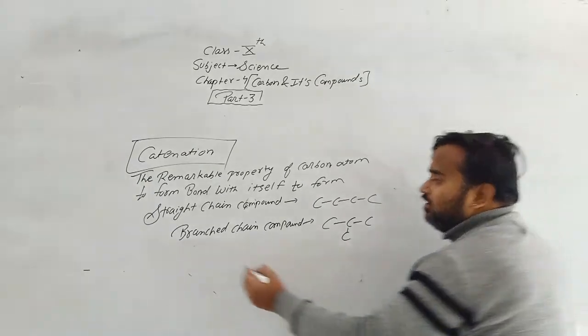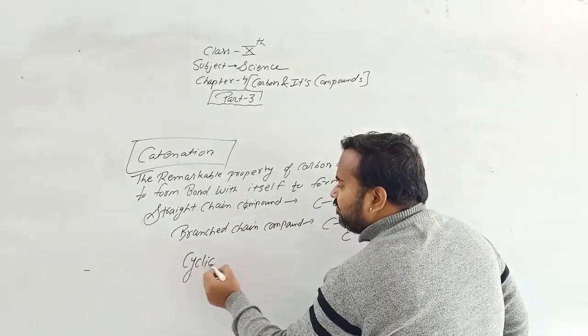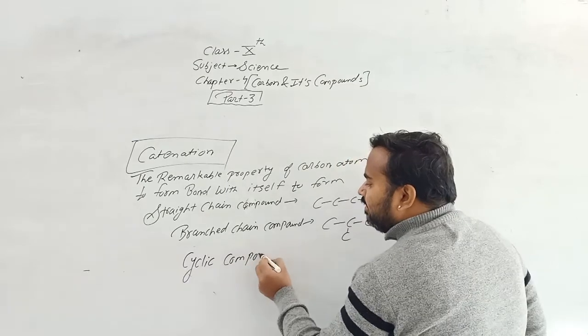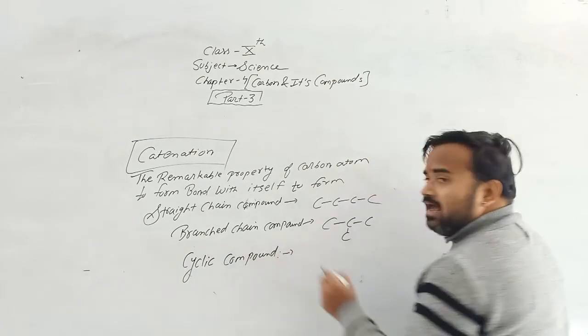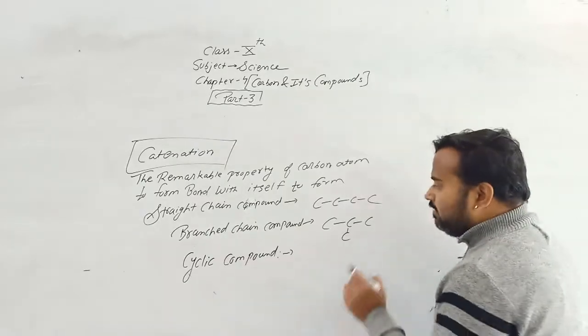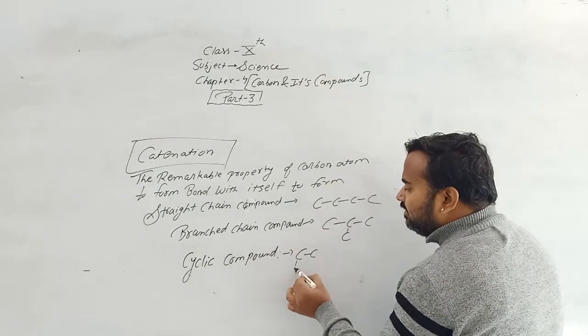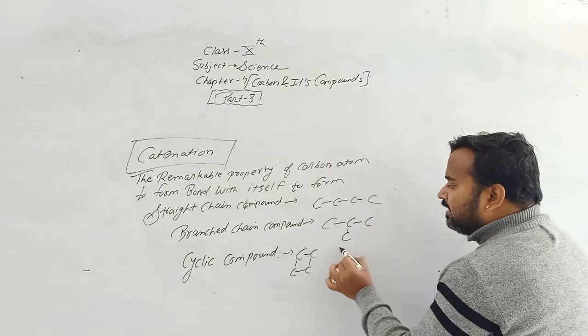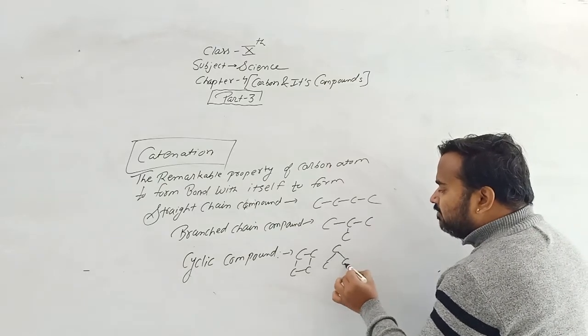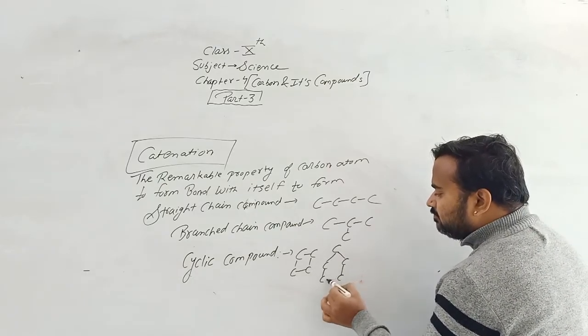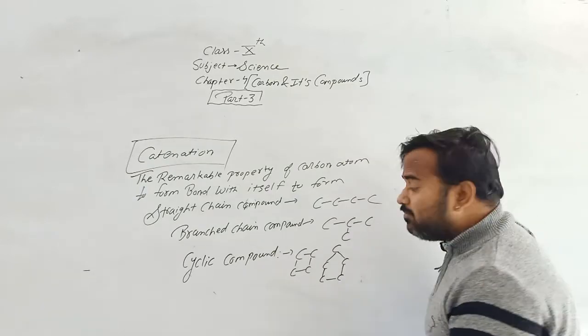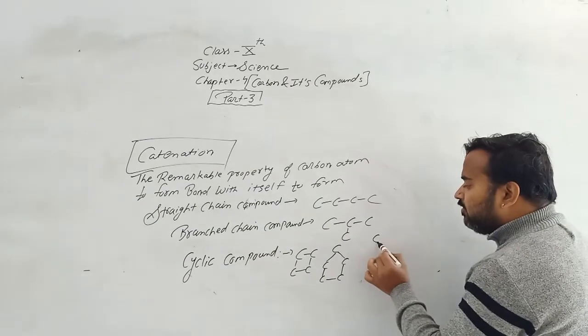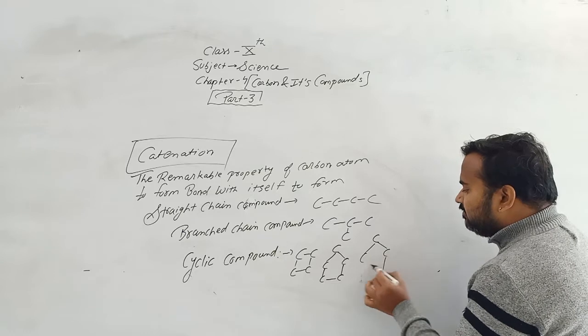And it can also form cyclic compound. The carbon will arrange in form of the cycle. For example, C-C-C-C, this is the cycle. Or the carbon can be arranged in form of pentagons, or in form of the hexagonal structure.